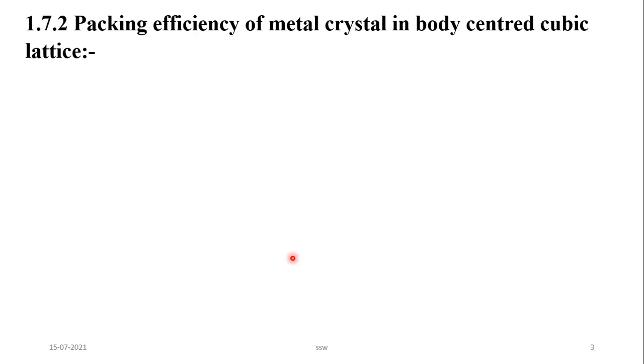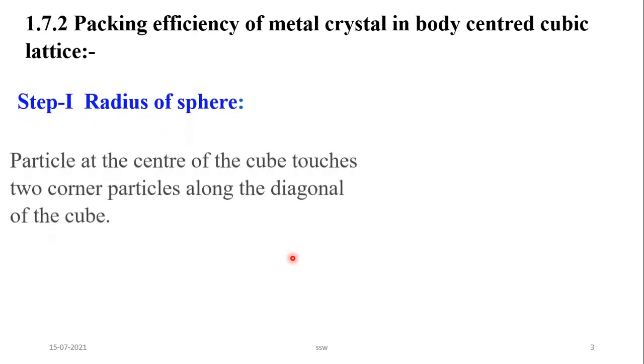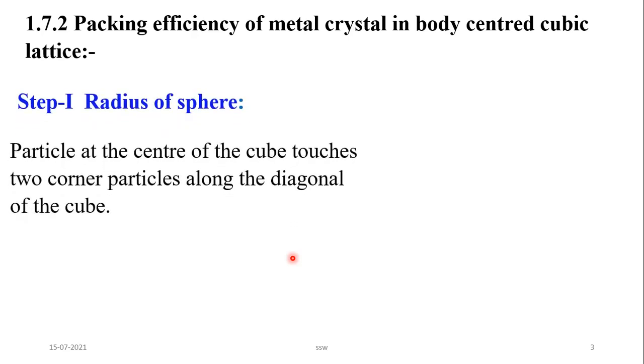Third, we have to calculate the total volume occupied by the particles in the unit cell. And the fourth step is packing efficiency. So we will calculate one by one. First, the radius of spheres.